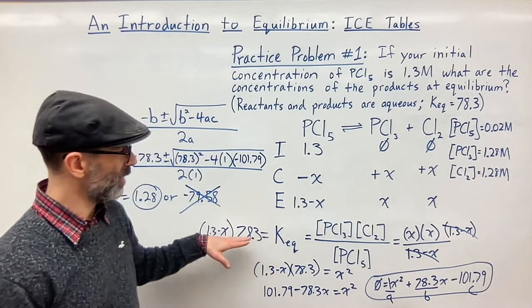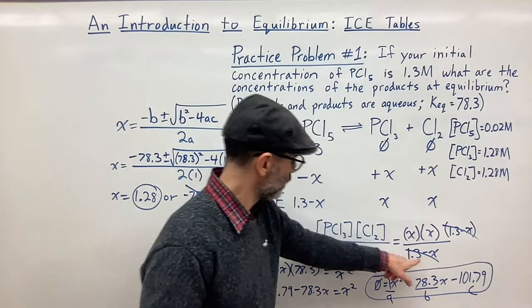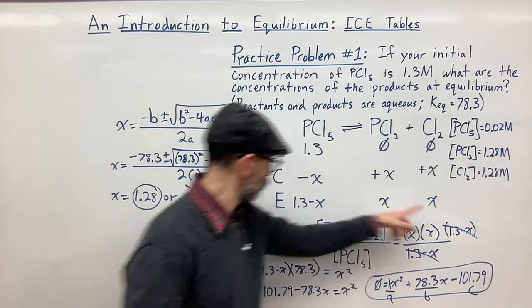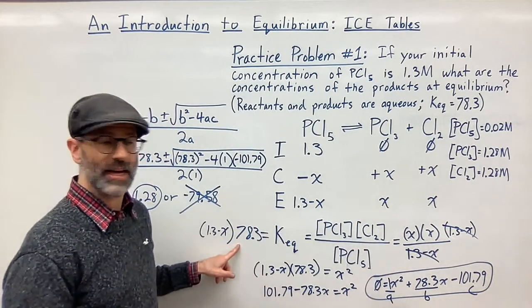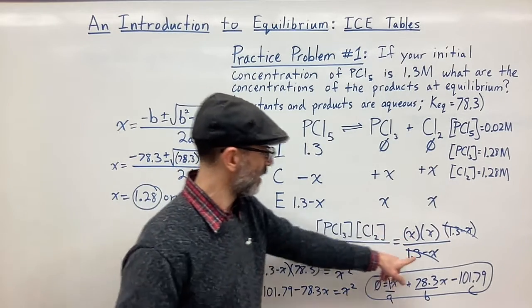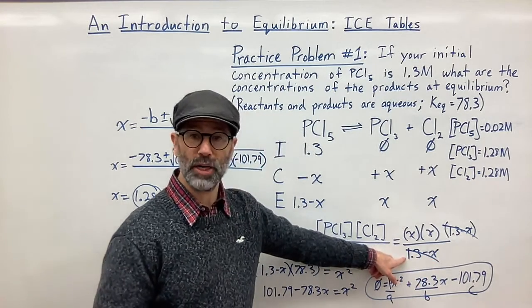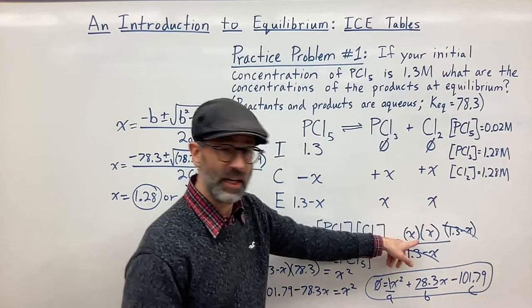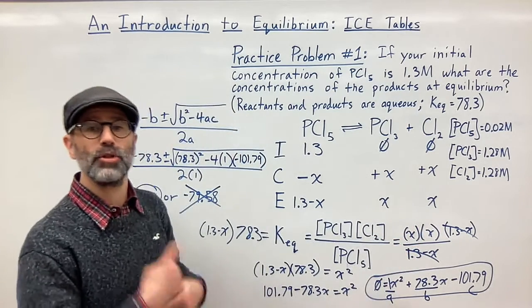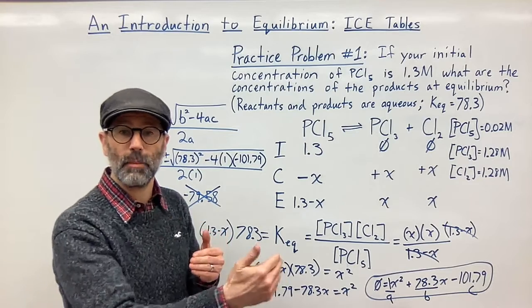So what you do is plug that x back in here and subtract that x from 1.3, then do the calculation again and solve for x again. Then you plug that x in again here, subtract that x from 1.3, solve for x again, and keep doing that over and over until you get the same number back.